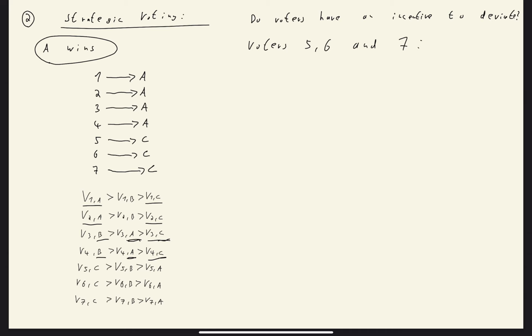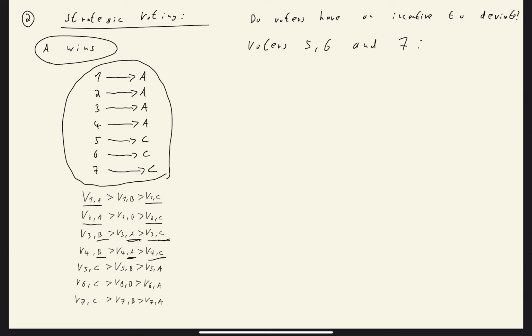So if you look at this outcome here, or this behavior here, what you can see is that voters 1 to 4 are pivotal. So if they would change their behavior, they could change the outcome of the election. But if you take a look at 5, 6, and 7, each of them is not pivotal.